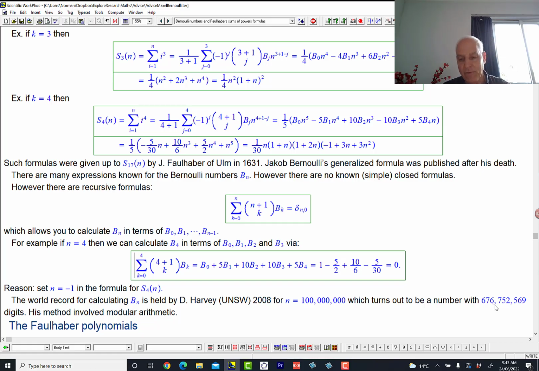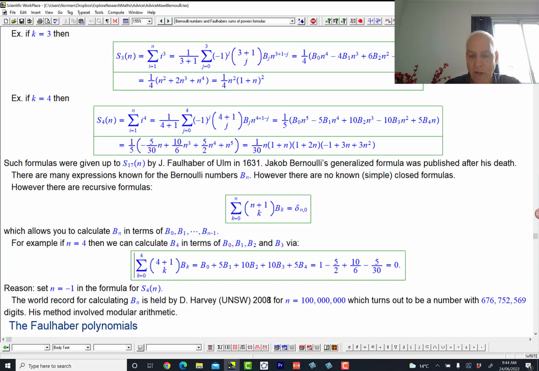It's actually a rational number, but if you write it out in scientific notation, this is how many digits it has. His method involved modular arithmetic, looking at the Bernoulli numbers mod p for various primes p, and then putting that information together using the Chinese remainder theorem and ideas in that direction.